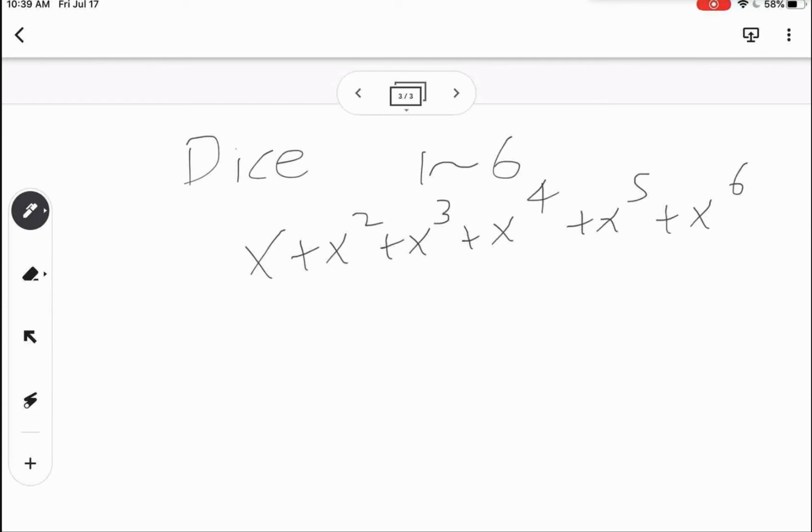And it may not be apparent why generating functions are useful at this point, because we found a way to encode some type of information in a polynomial, p of x, but we don't actually know exactly how to use it.